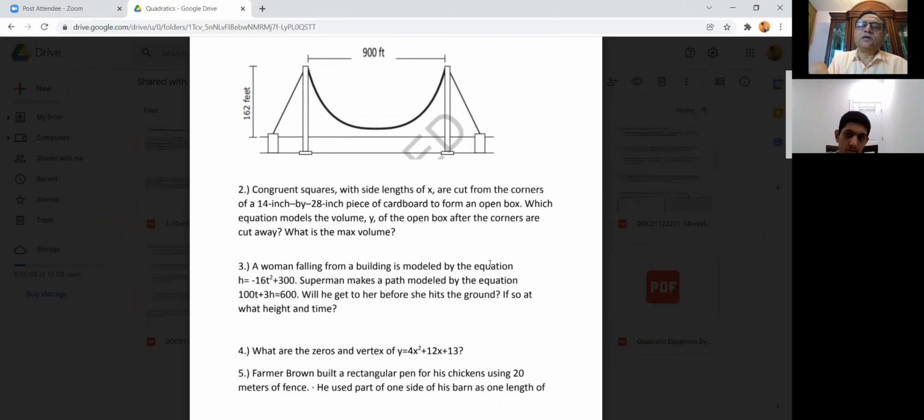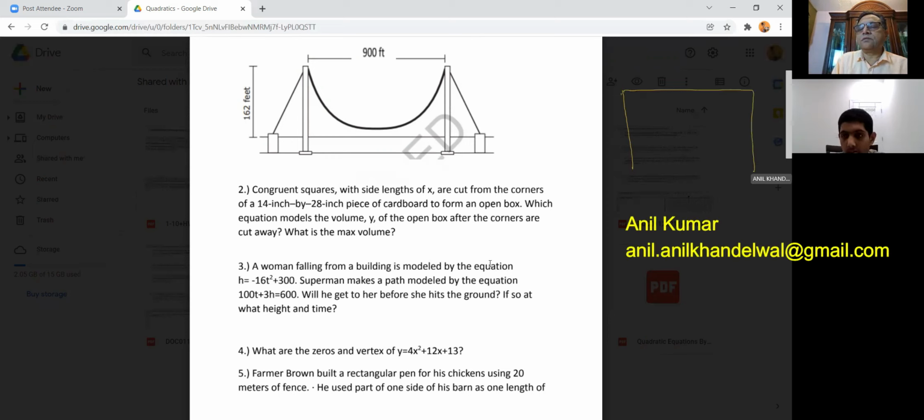So first thing is you have to understand the diagram. So you have a rectangular piece, 14 inch by 28 inch, right? So let us say something like this. And from each corner, you are cutting x units length, right? Let me draw this first.